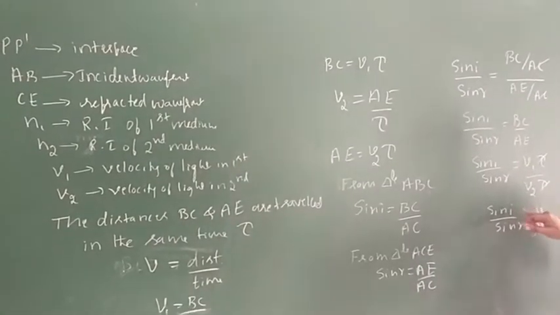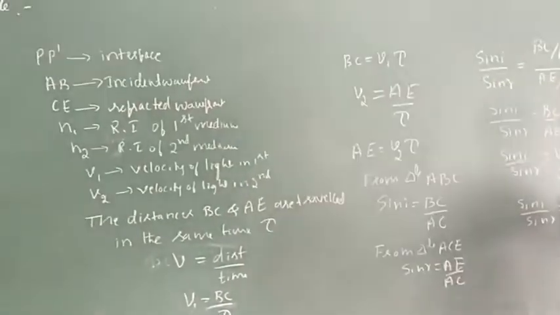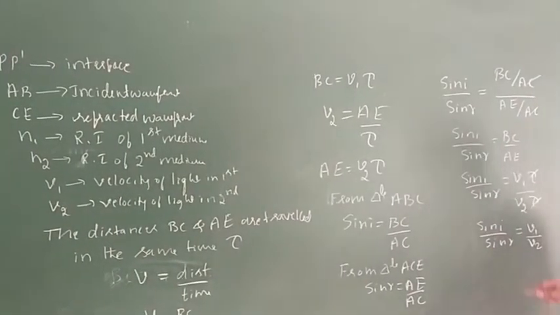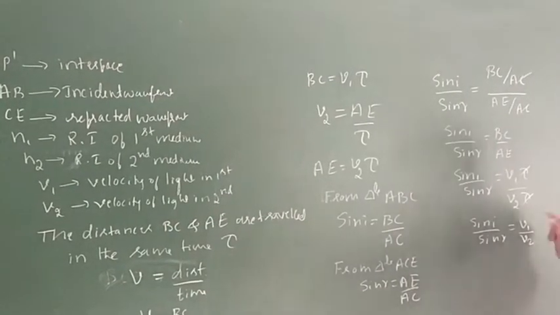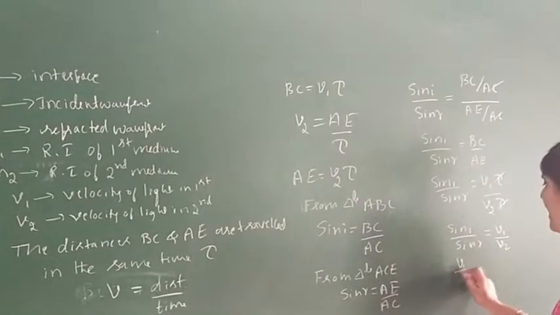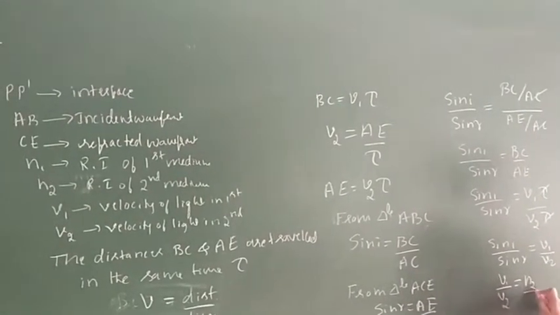That is, the sine of the angle of incidence to the sine of the angle of refraction is equal to the ratio of velocity of light in the first medium to the second medium. But we know the relation between velocity and refractive index. What is that? V1 by V2 is equal to N2 by N1.